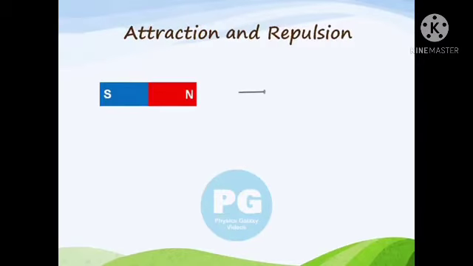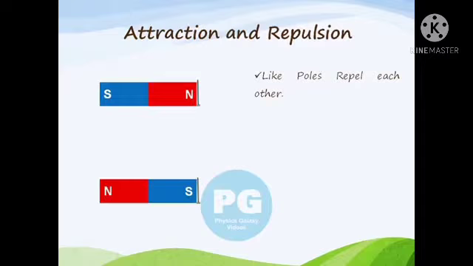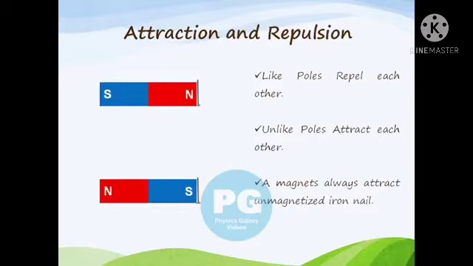Any metal substance is attracted by the north pole or south pole. Here we see one bar magnet and a nail. Like poles repel each other, unlike poles attract each other.